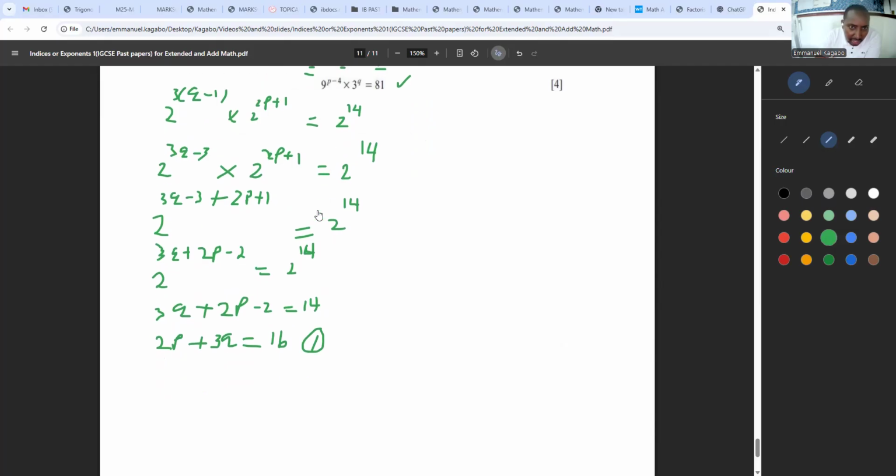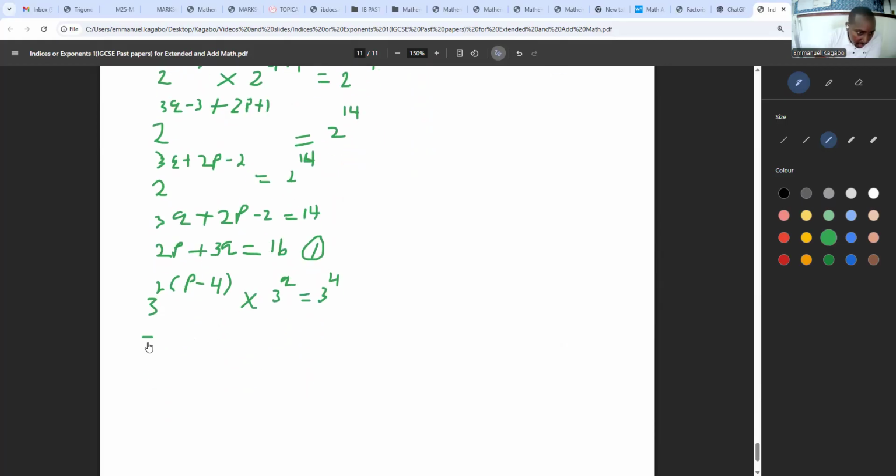So it's going to be 3 power 2, sorry, bracket p minus 4, close the brackets, times 3 power q equals to 3 power 4. Okay, good. Now, here will give me 3 power 2p minus 8 times 3 power q equals to 3 power 4.